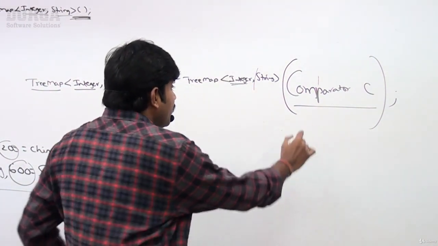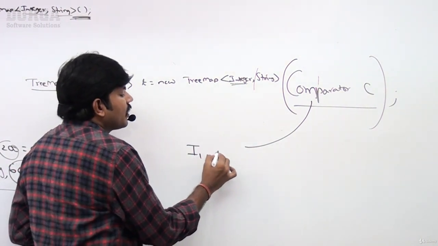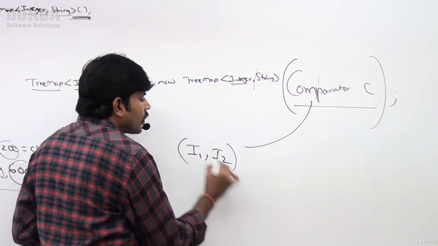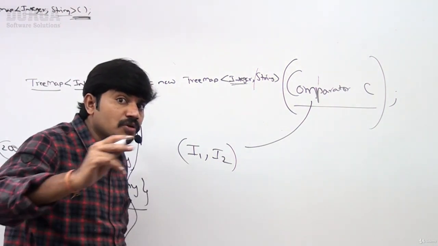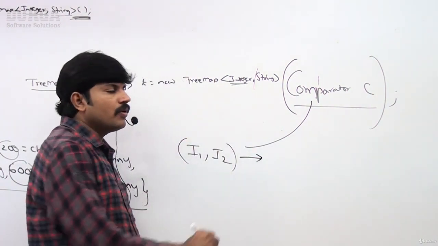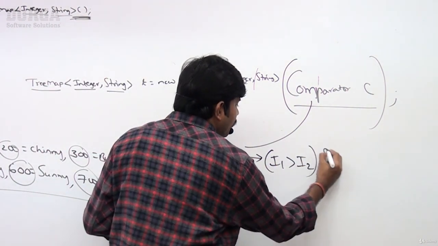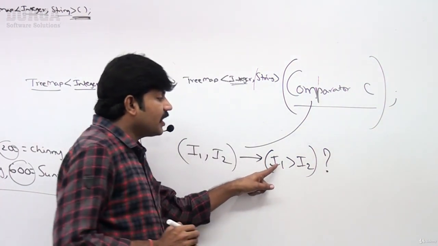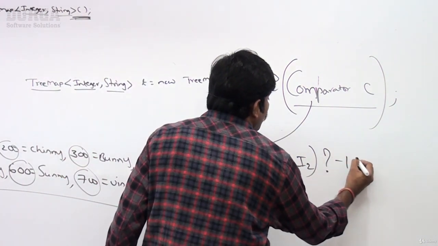I covered that already, right? Yes. Can you please tell what is the way, sir? I1 comma I2. Assume that these are the keys, these are the arguments to the compare method. Now if I1 greater than I2, question mark, the bigger value should come before, that's why -1, colon.